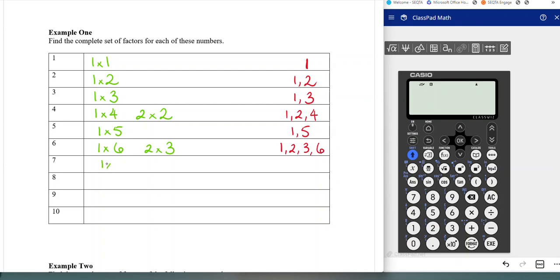We can do 1 times 7, that's it. So 1 and 7 are my only factors. 8. We can do 1 times 8 or 2 times 4. In order, that is 1, 2, 4, and 8.